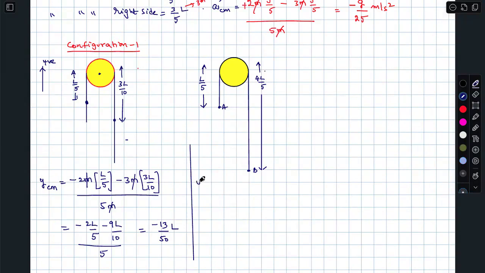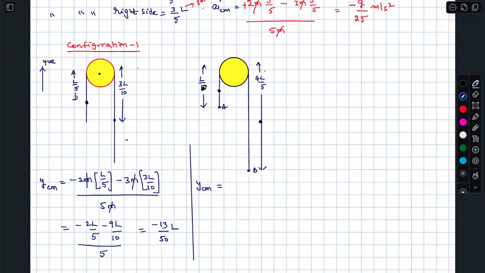Again you take YCM. At this point of time, where is YCM? Please try to understand. Now the center of mass is at a distance half of this, 2L by 5, again proportional to mass.